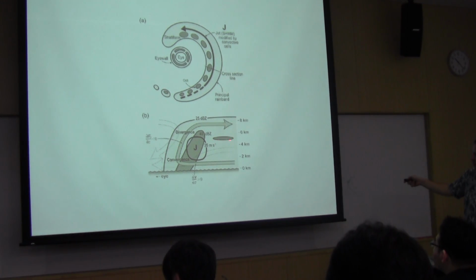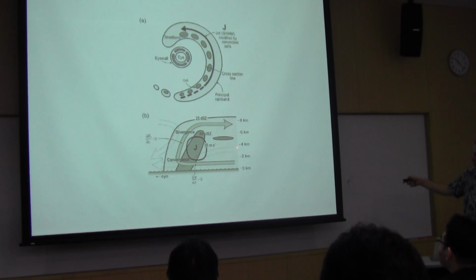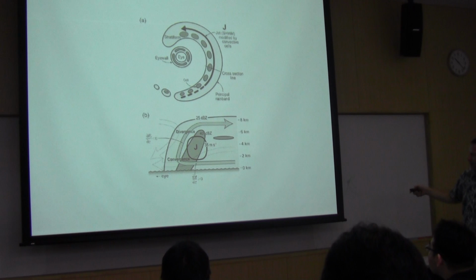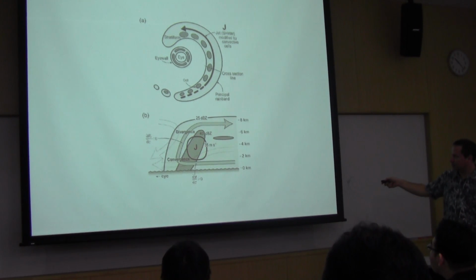And then the stratiform portion of the rain band here. So stratiform leads to this mid-level inflow, and then the convection is the in, up, and out. And so the two work together to produce this jet-like structure in the rain band.